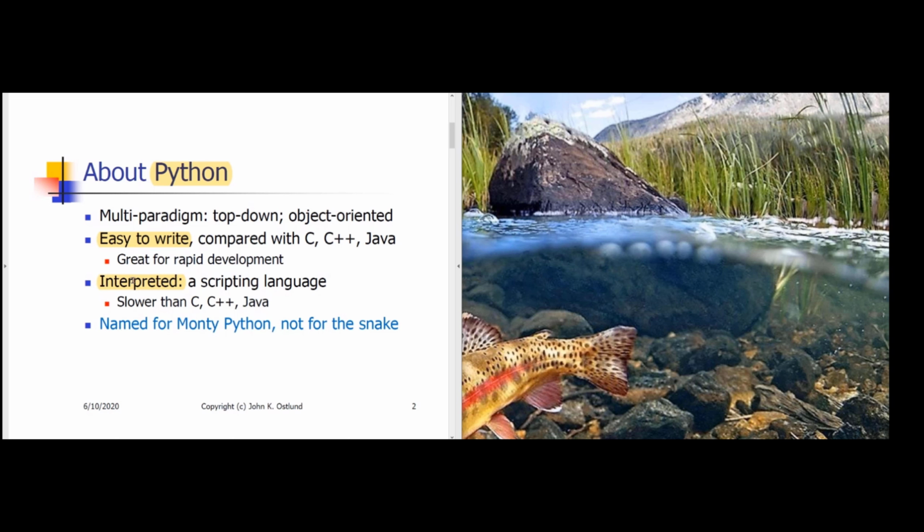Python is an interpreted language. That is, the lines of code that you type are interpreted on the fly as you type them in or as a script that you've written is executed. And consequently, this makes Python programs inherently slower than programs written in C, C++, and Java that do equivalent things.